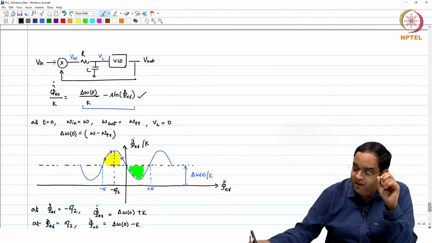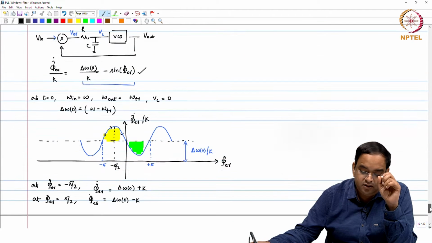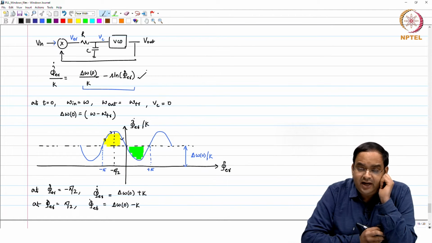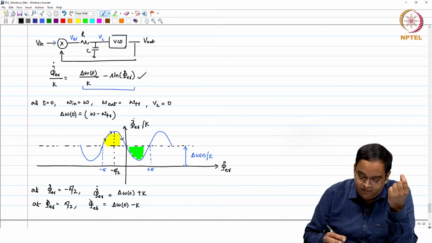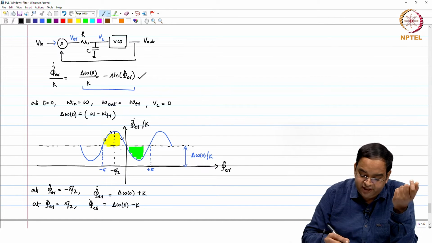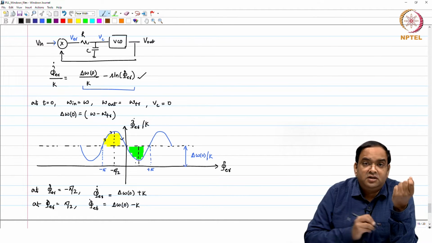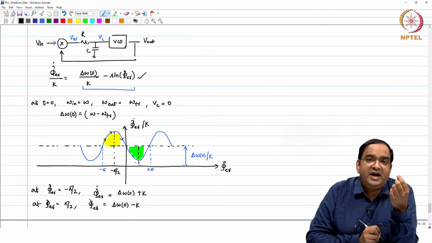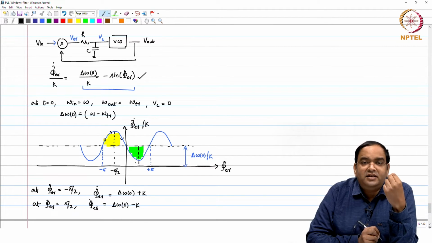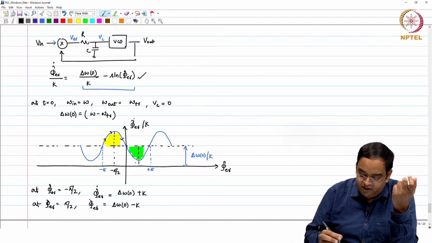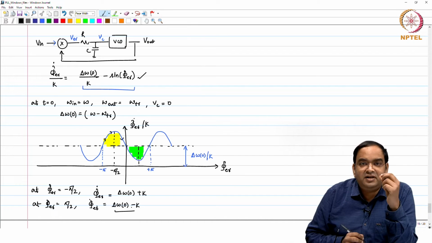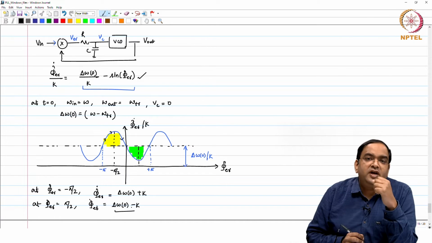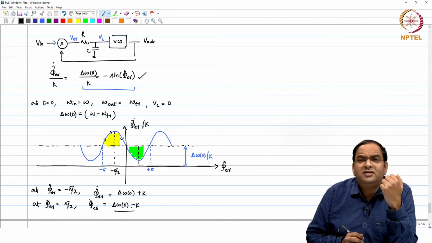At that particular time, what you observe from our previous analysis is that at some particular phase error, we have chosen only 2 points, at one particular phase error the rate of change of phase error is maximum, and in the other case the rate of change of phase error is minimum. Okay. Delta omega 0 by k tells us the rate of change of phase error is maximum, whereas in the other case it tells us rate of change of phase error is minimum.